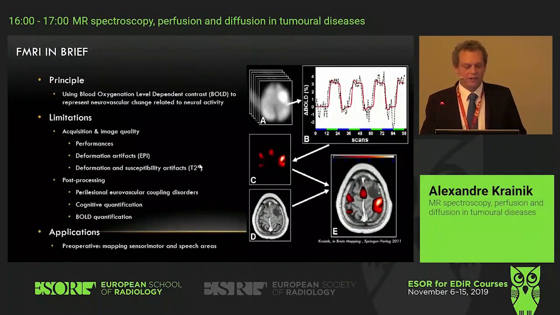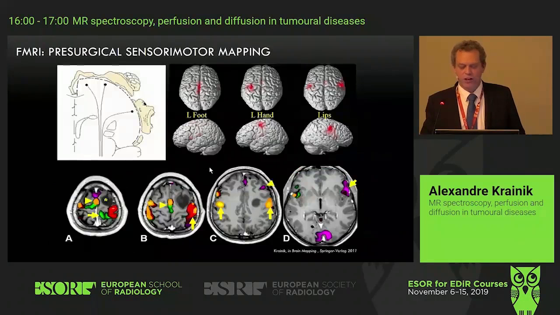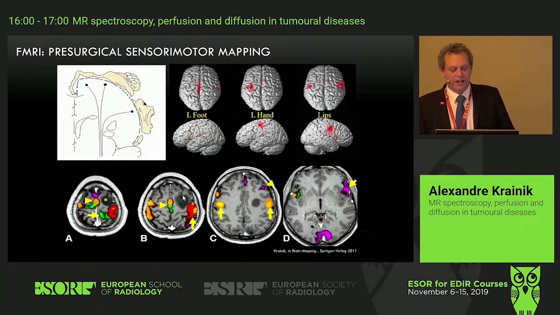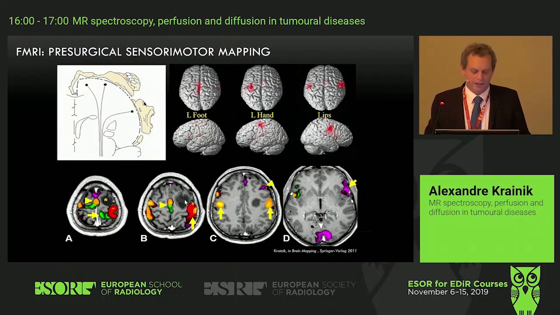And fMRI, a very simple word on fMRI, just to say that this is the kind of fMRI we would like, to try to map all the eloquent areas around this glial tumor before surgery. It's only interesting when you are talking about surgery. When you're not talking about surgery, it's research in cognitive neuroscience or physiology, but it's not medicine anymore.